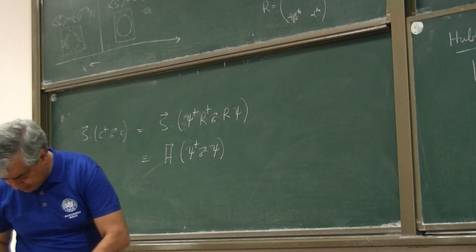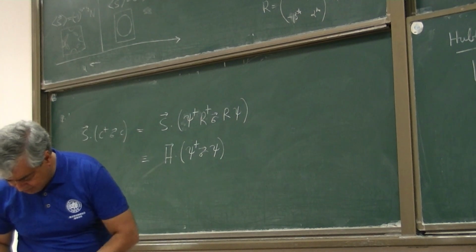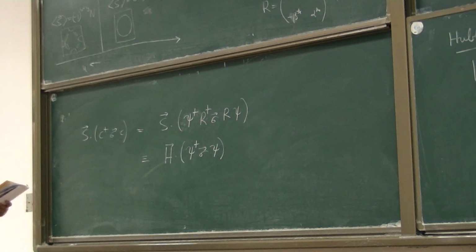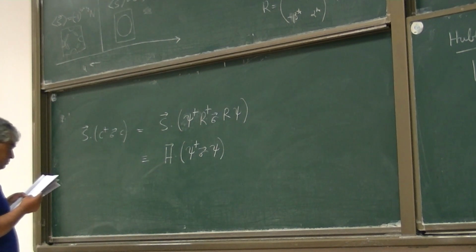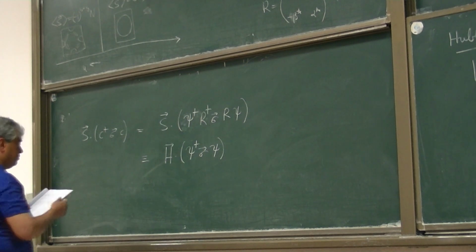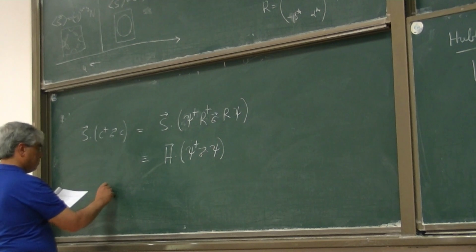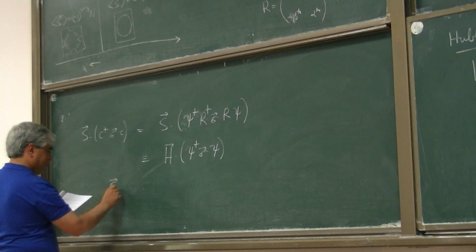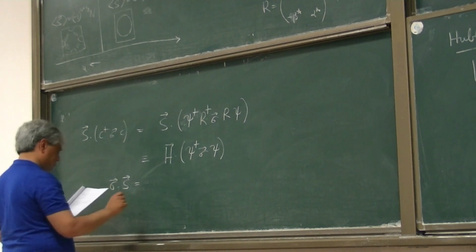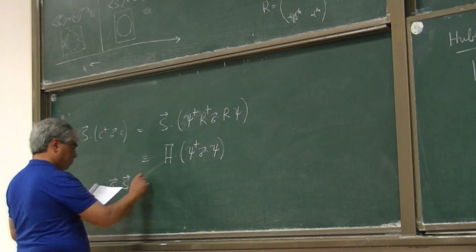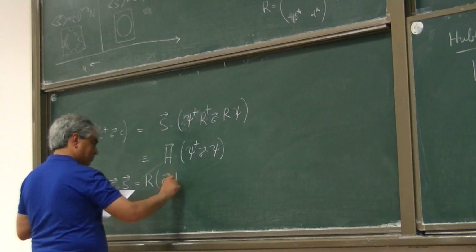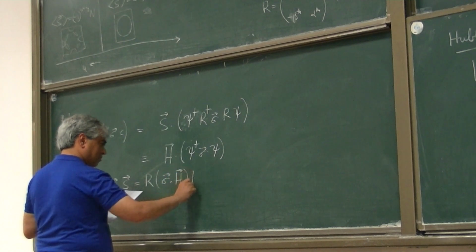What you find then is this new field H is related to the old field S by, there are different ways of writing it, sigma dot S is equal to R times sigma dot H times R dagger.